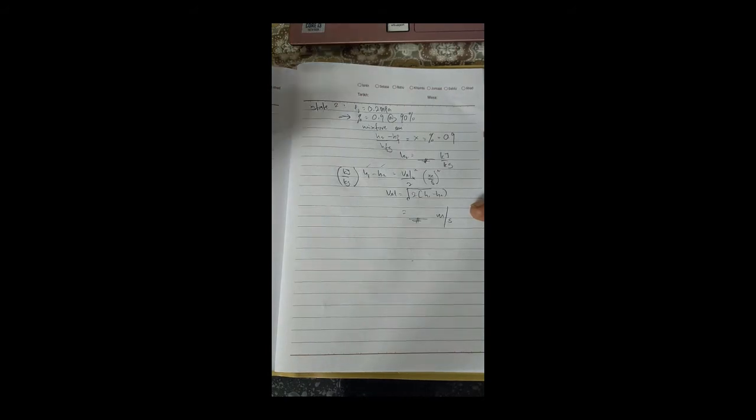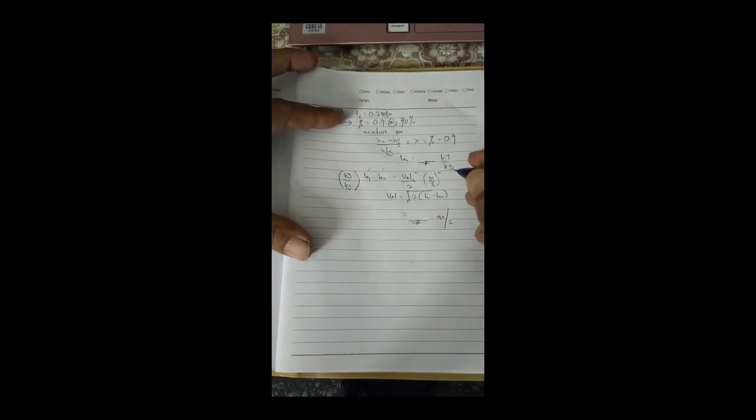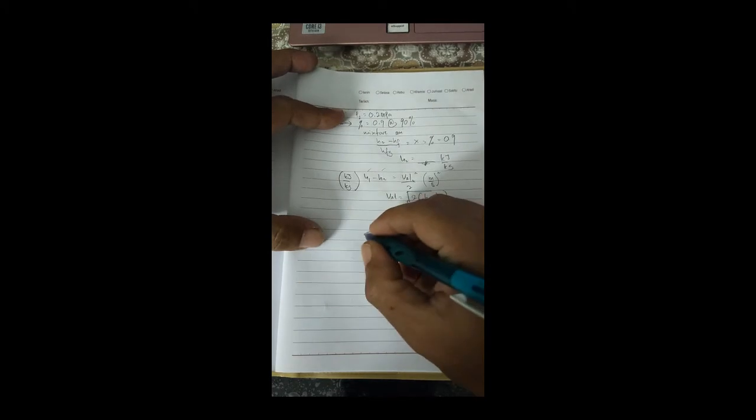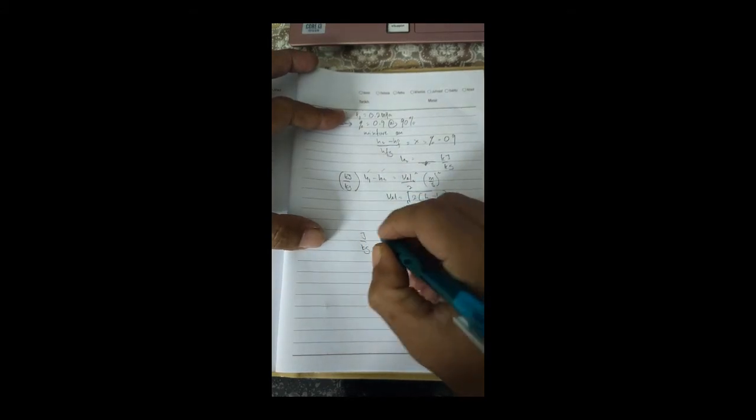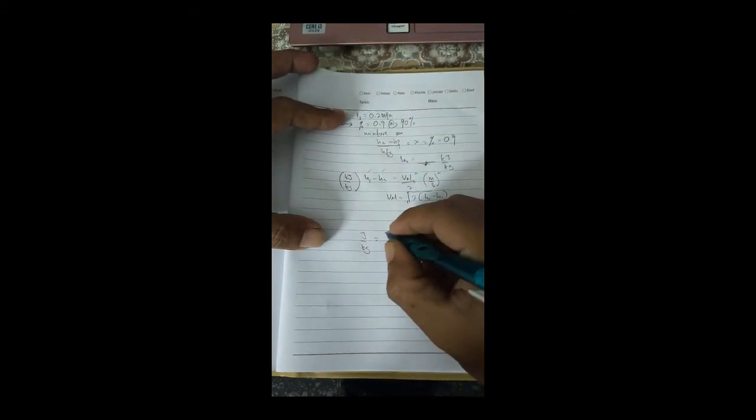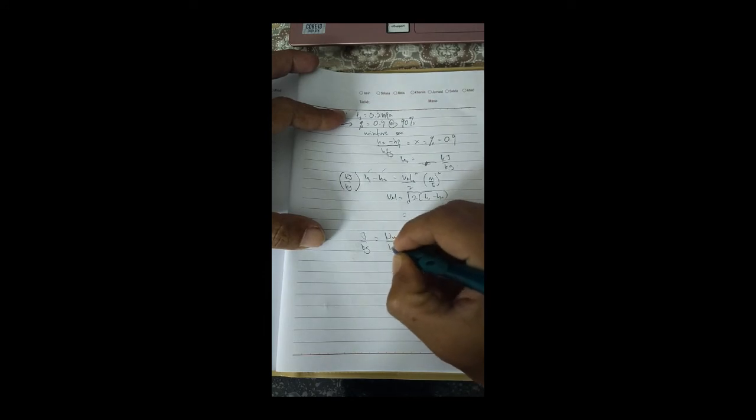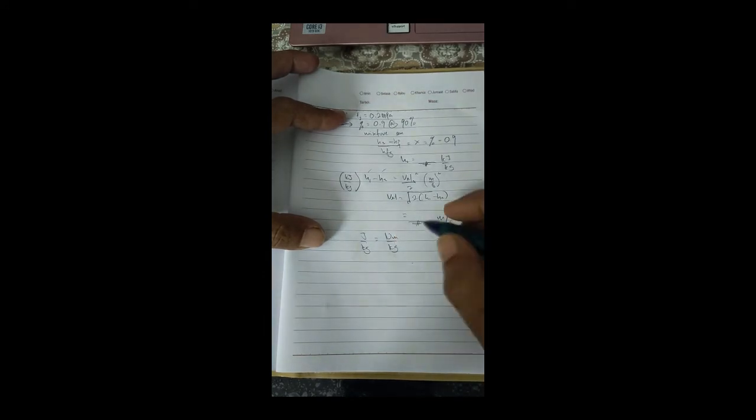Okay, so unit conversion: joule per kg is equal to Newton meter per kg. So rearrange, we have kilo Newton.